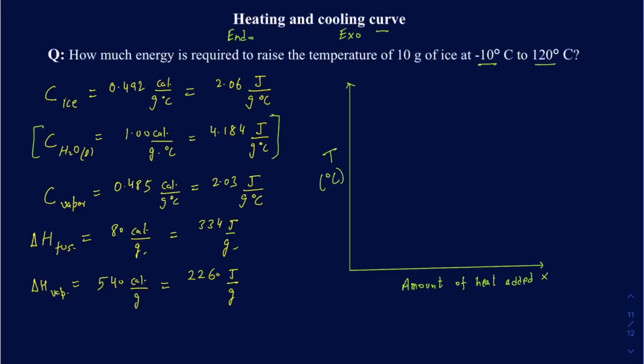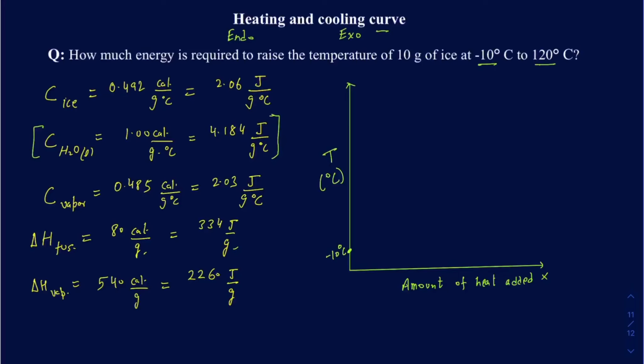Then you want to pick a few points on the y-axis. You don't have to worry about picking any points on the x-axis. And obviously, I'm starting at negative 10 degrees Celsius, so I do want to pick that point right there.